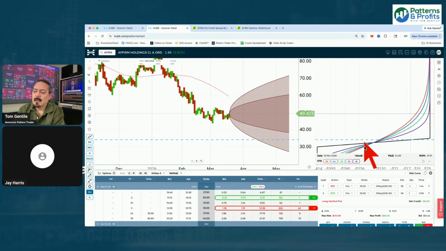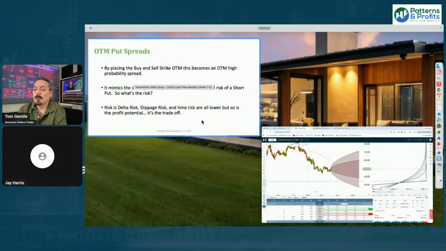But we're seeing now, with the slippage, that 75 might even be tough to fill, but we'll see. We'll check in with that one a little bit later and look at those prices one more time. So that is puts and put spreads.